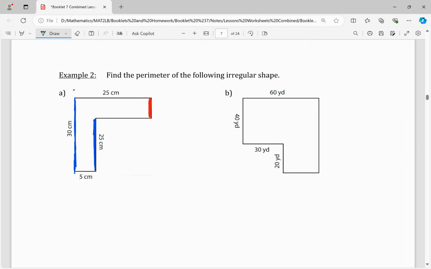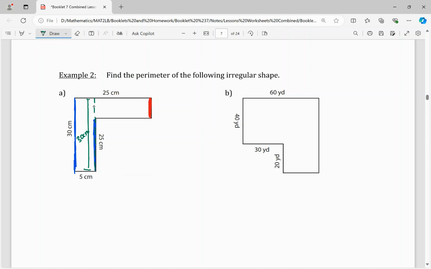So this side on the very left is 30 centimeters. Now, if I was just to extend that over a bit, that means that this side, which is green, logically is also 30 centimeters. Now we need to find red.